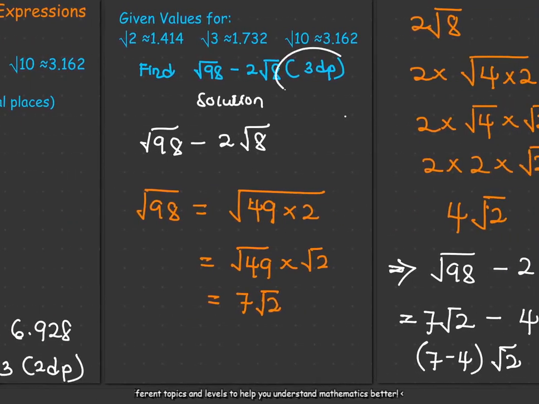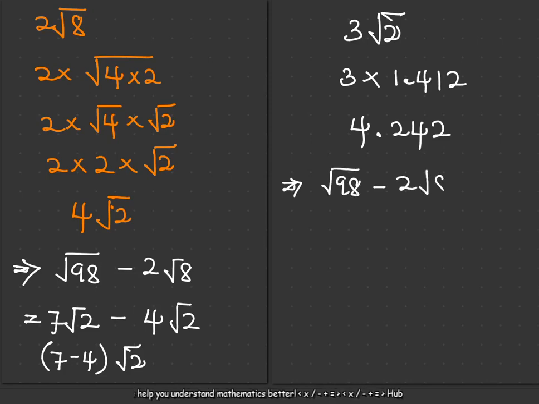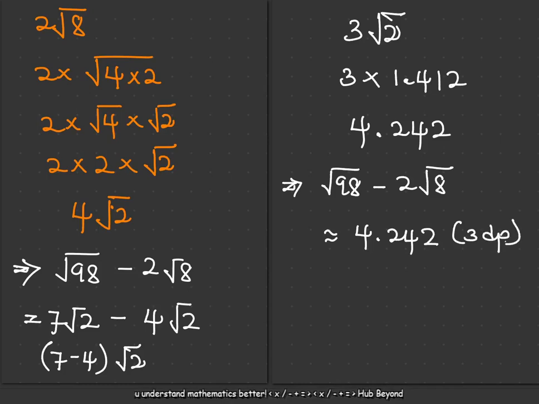So the question that we were given, which was the square root of 98 minus 2 root 8, is approximately 4.242, and it's actually already in 3 decimal places, right? And that is all. So just follow the instructions.